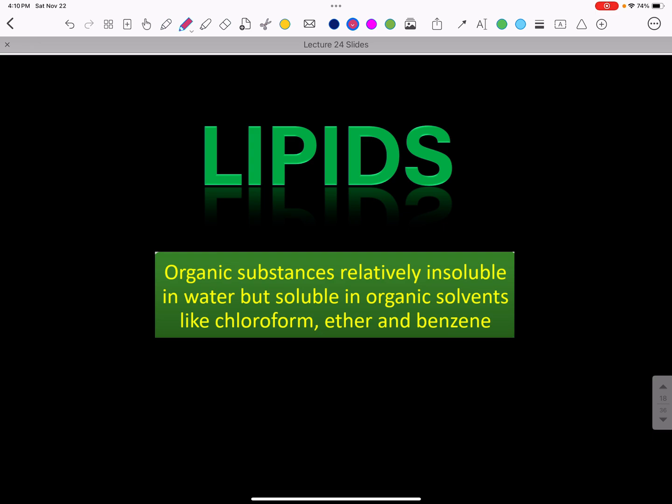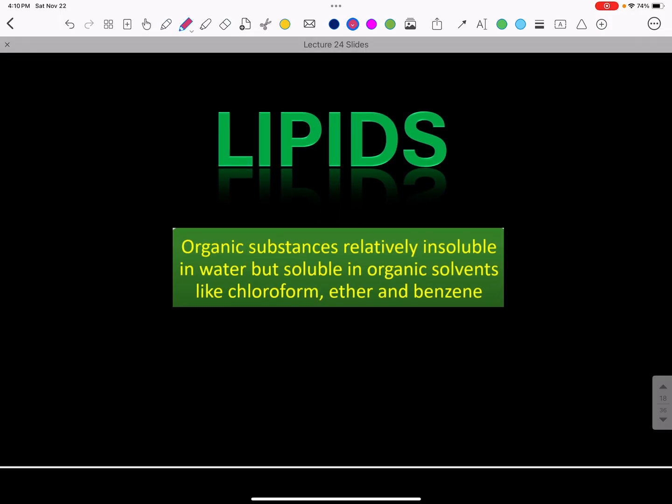Now, the lipids are defined as organic substances that are relatively insoluble in water, but soluble in organic solvents like chloroform, ether, or benzene. So they're not soluble in water, but they're soluble in nonpolar solvents.